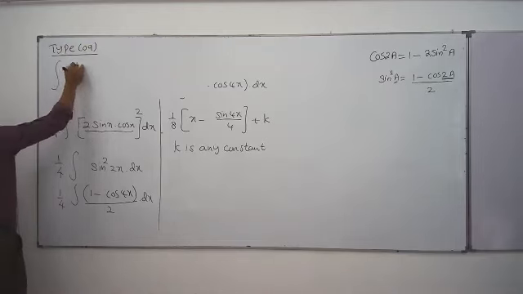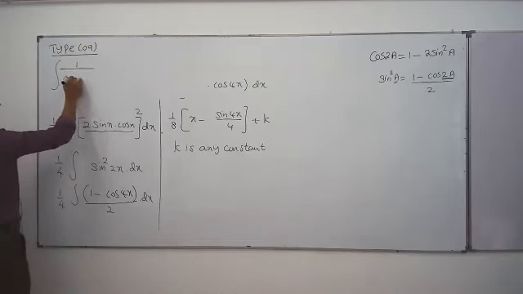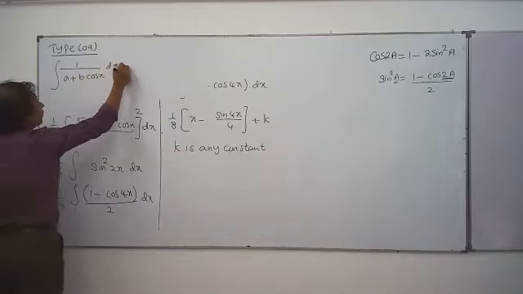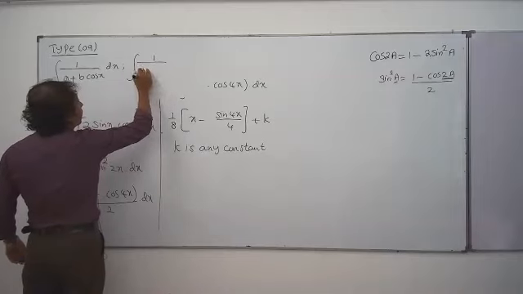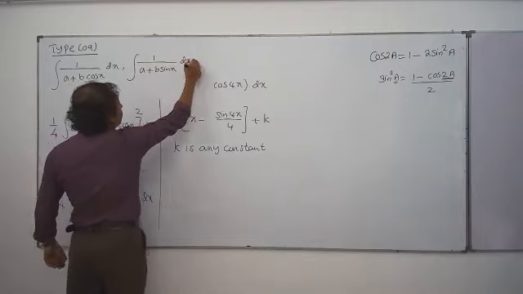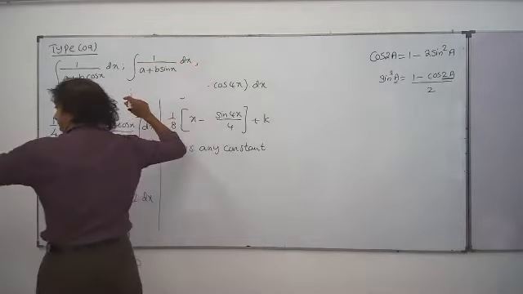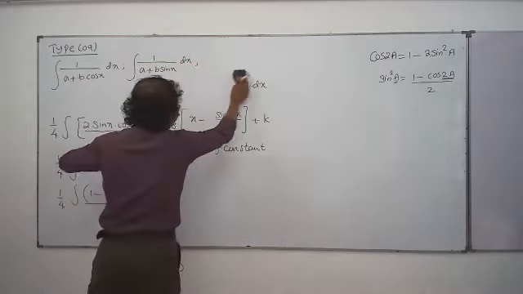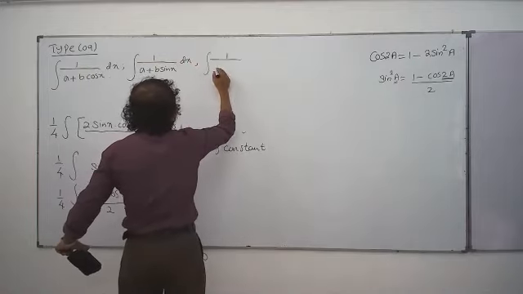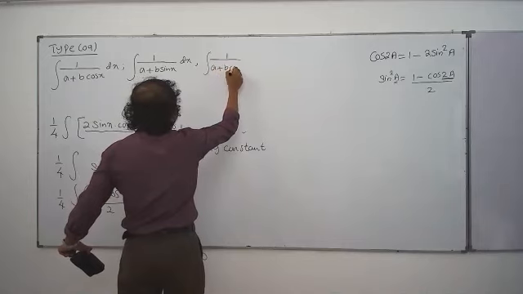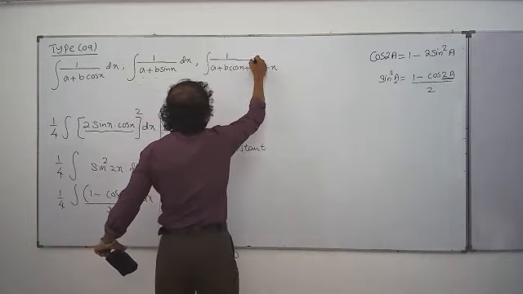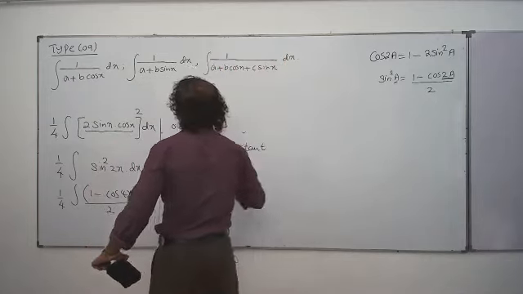And in this type 9, people, we discuss this kind of a plus b cos x dx, a plus b sin x dx, or this a plus b cos x plus c sin x form dx.